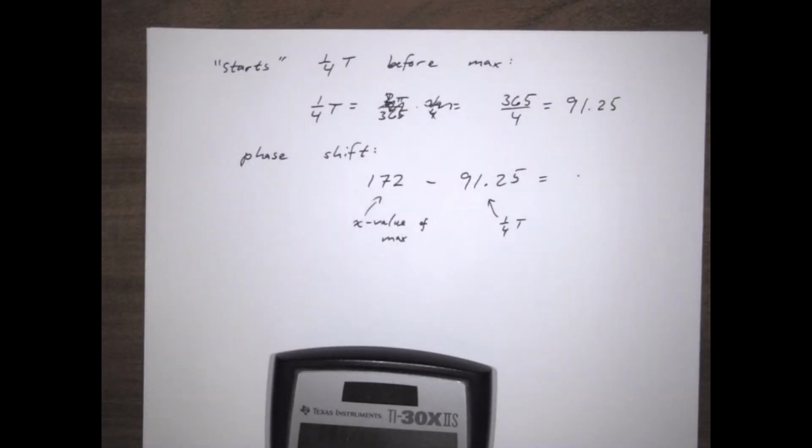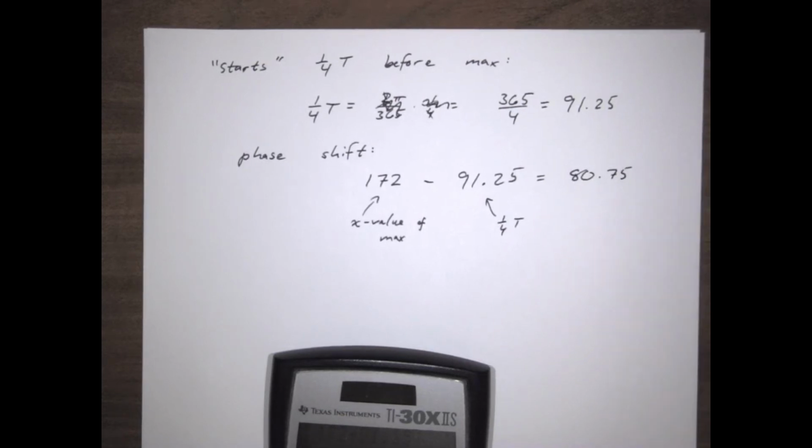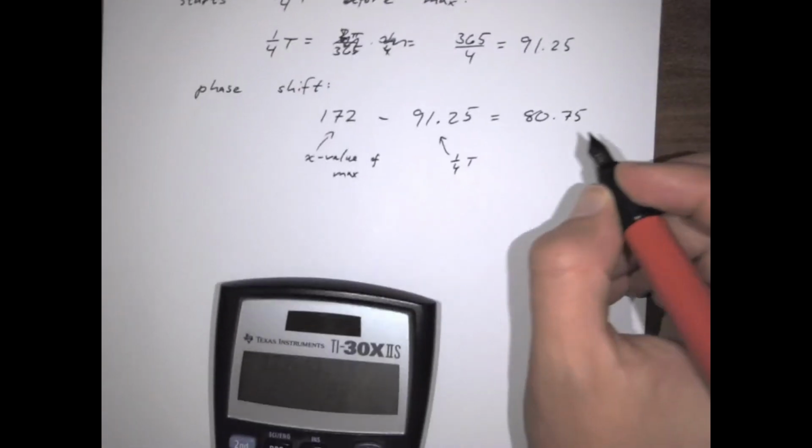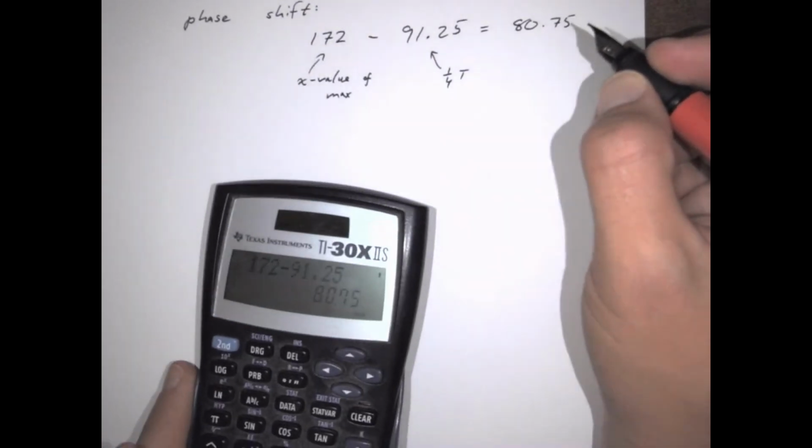And so it's going to be 172 minus 91.25. It's going to be 80.75. It's just me calculating what I said.